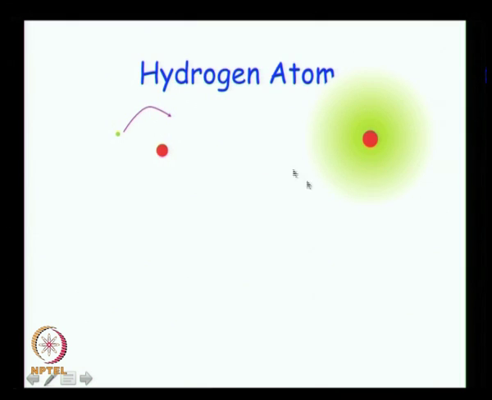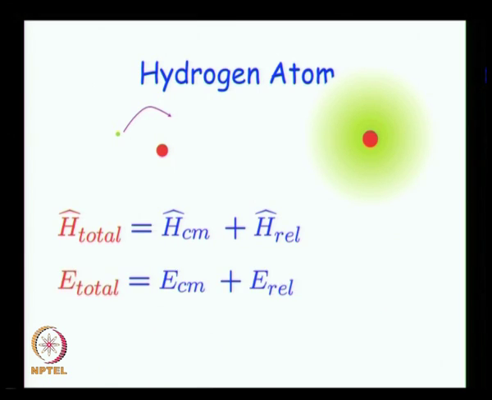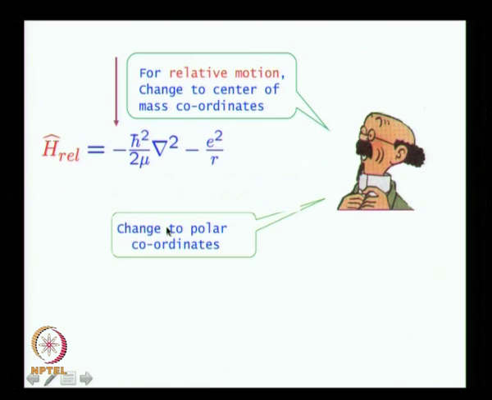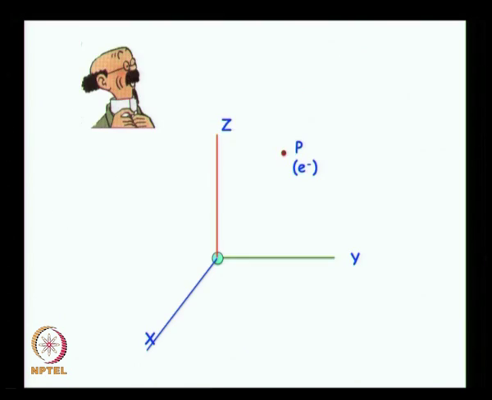This whole thing will execute translational motion, and that is the reason why we said the Hamiltonian can be written like this. Naturally, the total energy will be given by this expression. The total wave function will be a product, and we are worried only about the relative motion. This is the equation that we are actually going to solve, and we have to change to polar coordinates.